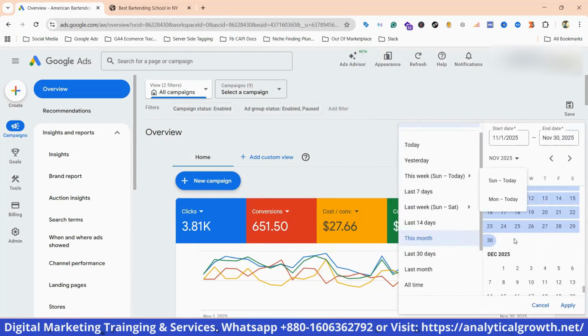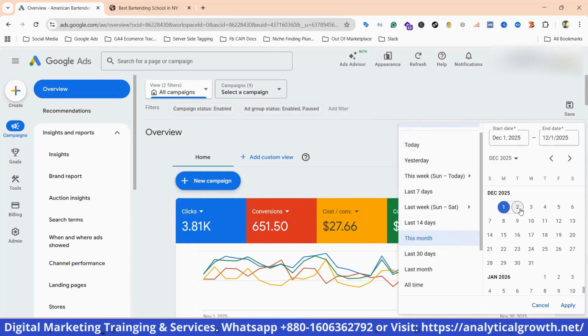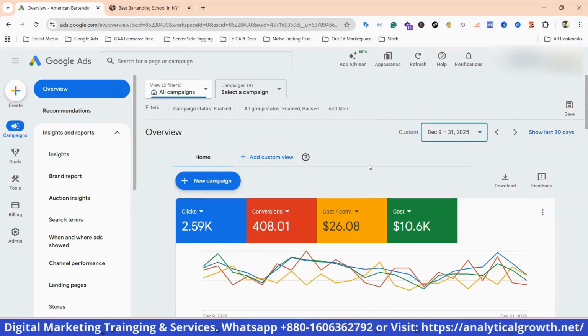Let's see what I did in the first month. Let's set the date range. I worked on this account from December 9th, so let's select December 9th to December 31st. In the first month, I was able to reduce the CPA from $27.66 to $26.08.